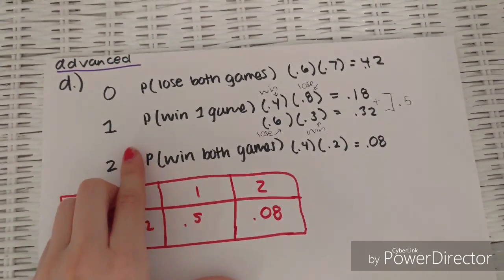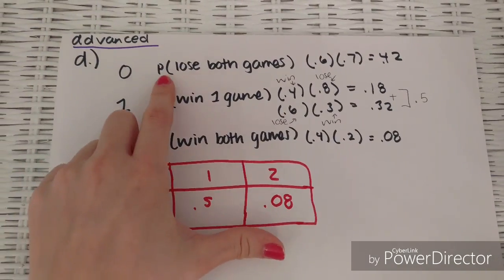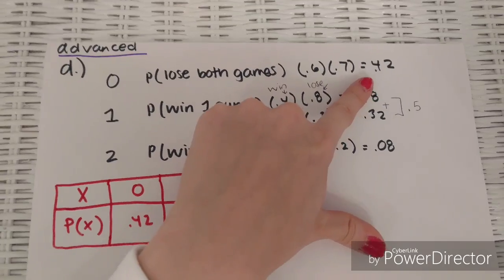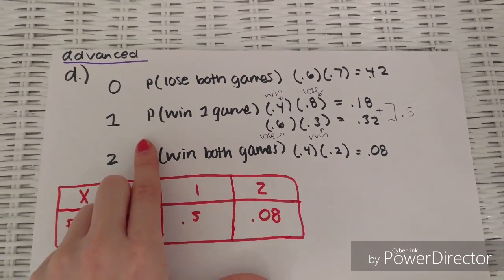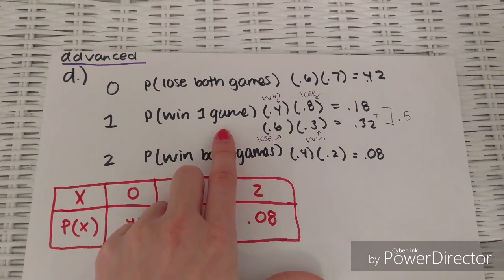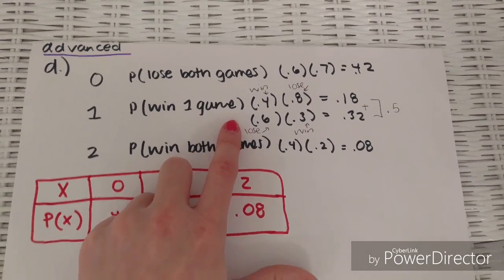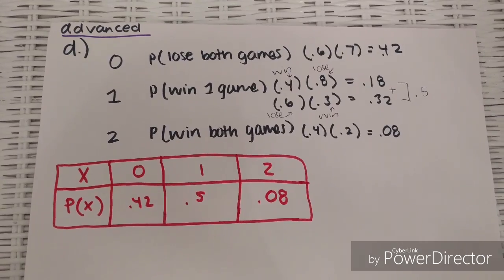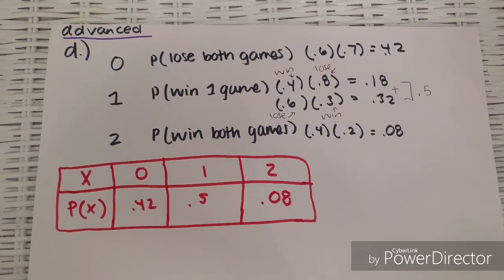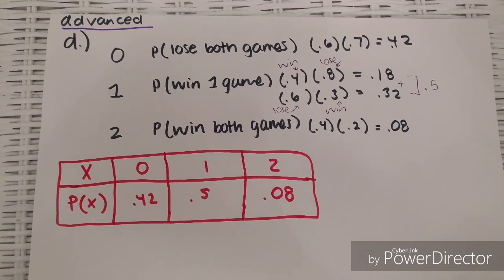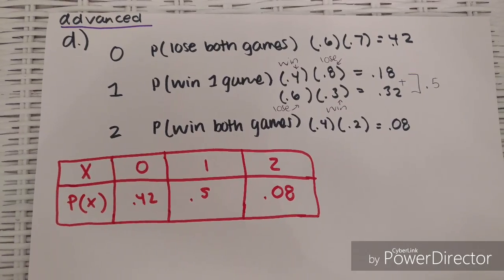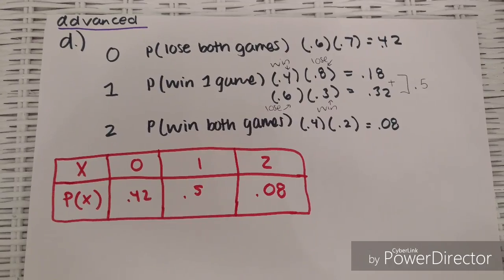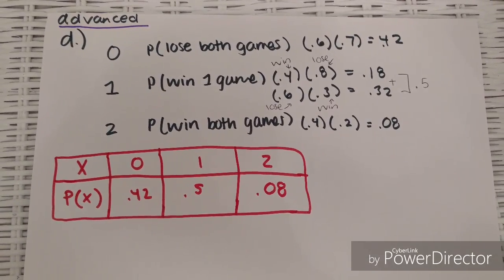So for 0, the probability you lose both games, that's what we calculated earlier, 0.42. And then this is the probability we win one game, and that could mean you win the first game at 0.4, or 40%, and lose the second at 0.8, or that you lose the first game and win the second game at 0.6 and 0.3.